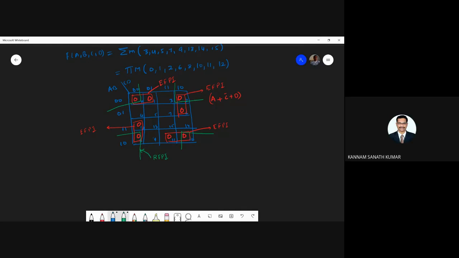So here, the redundant false prime implicant is covered by all these essential false prime implicants. So you can write this expression, you're getting B plus D. So this is about the essential false prime implicant and the redundant false prime implicant.